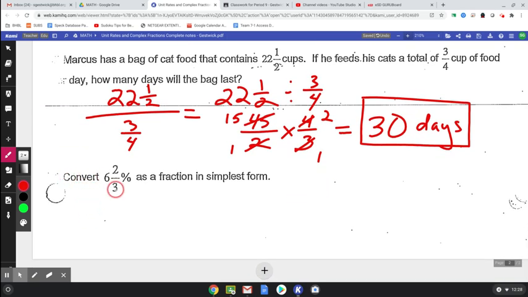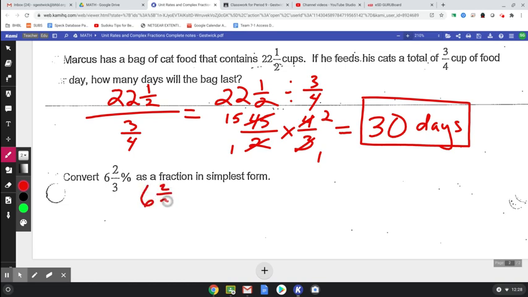All right, last one. Coolest problem. Kind of combines a lot of what we know. Convert 6 2/3% as a fraction in simplest form. What this means is they don't want the percent symbol. So instead of the percent symbol, what do percents mean?